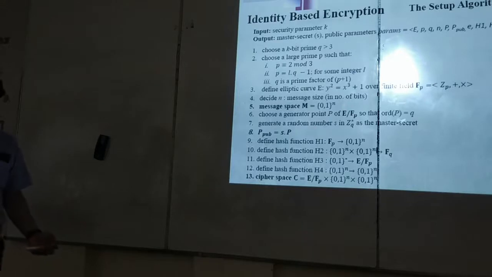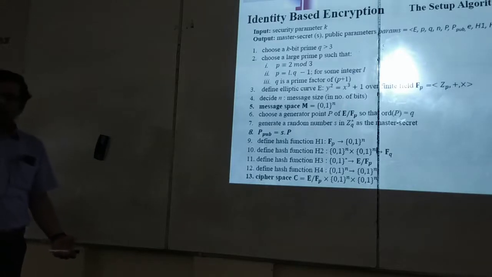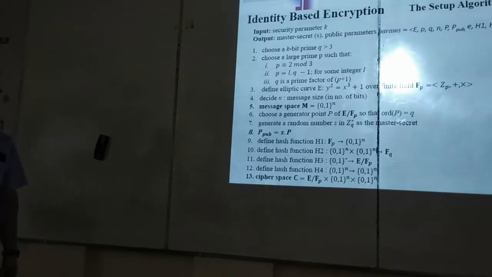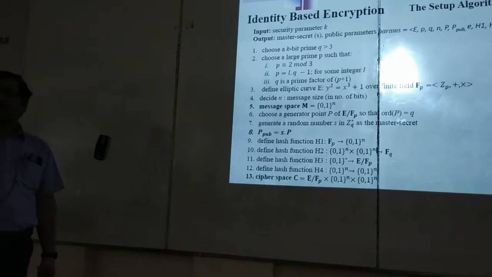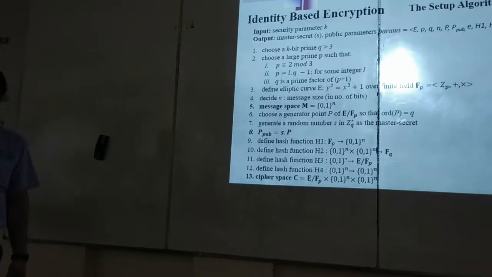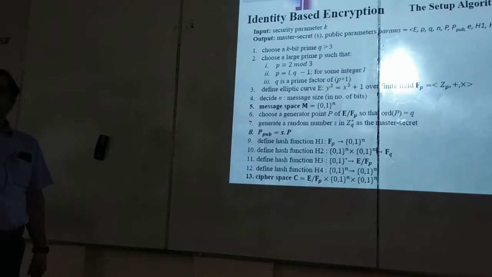So a ciphertext is essentially a concatenation of a point on the elliptic curve followed by an n-bit string followed by another n-bit string. The first part is a point, the second part is an n-bit string, the third part is an n-bit string. This is the definition of the ciphertext space. Similarly, the message is only an n-bit string.